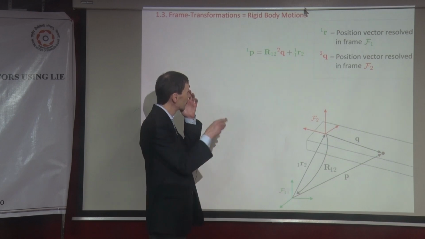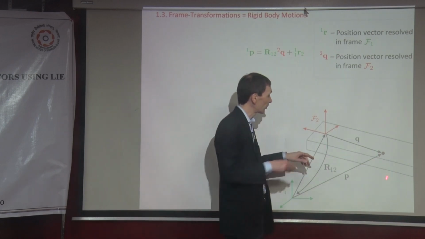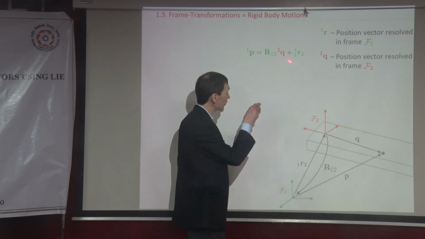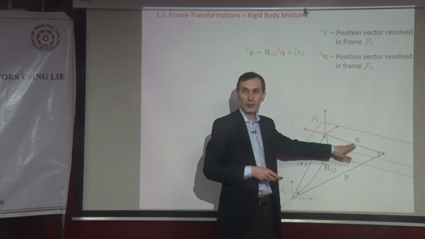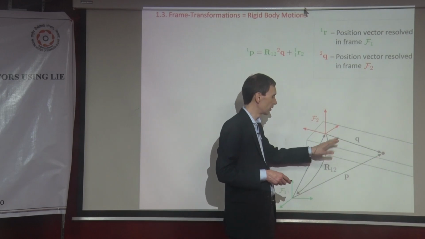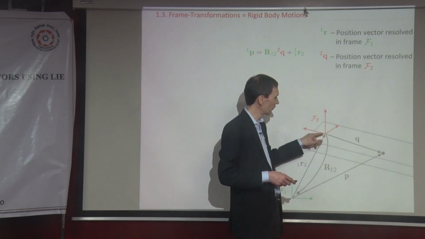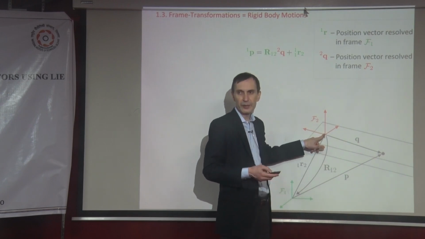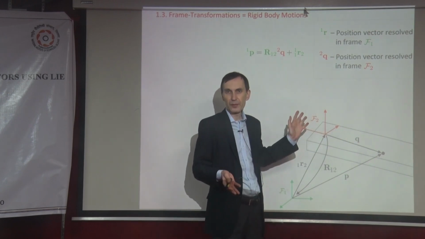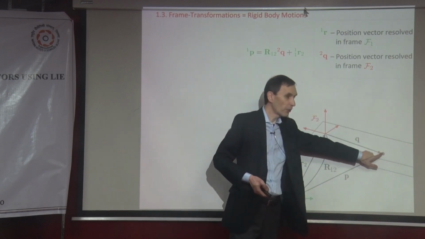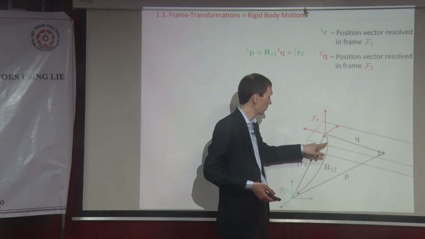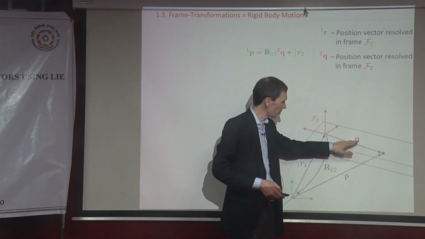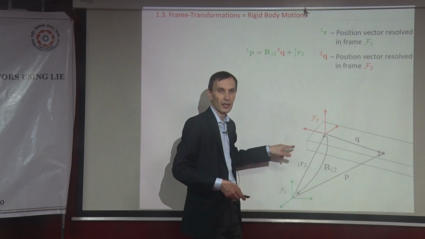And then I have the Q vector. I could have some indices here, but I don't need them later on, so I skip them. So then we have the Q, and for good reasons we will always represent the vector in the body-fixed frame. Why? Because it's constant, right? Because this point never moves on a rigid body relative to the rigid body frame. And that's why I would like to represent this vector Q in the F2 frame.